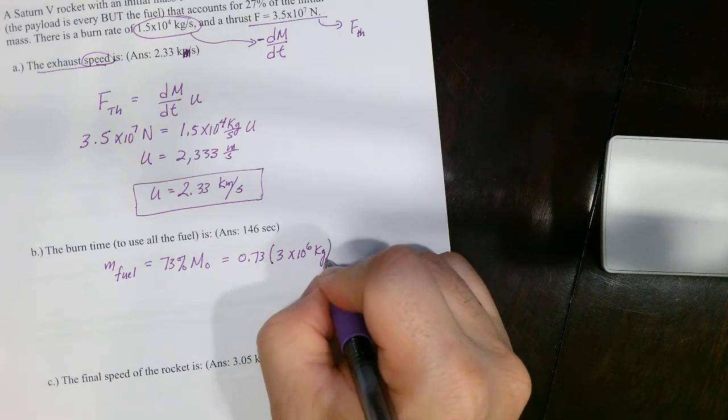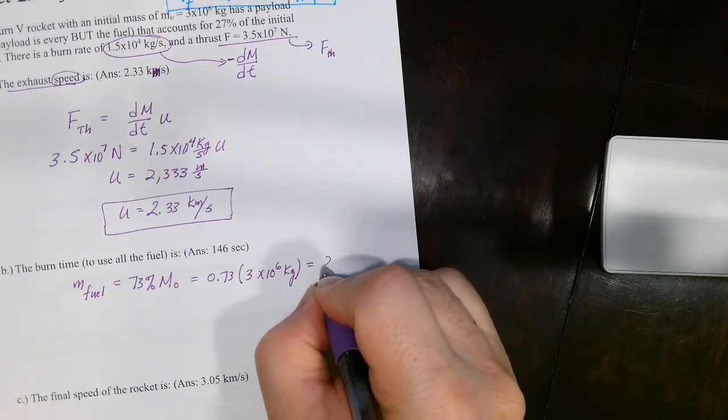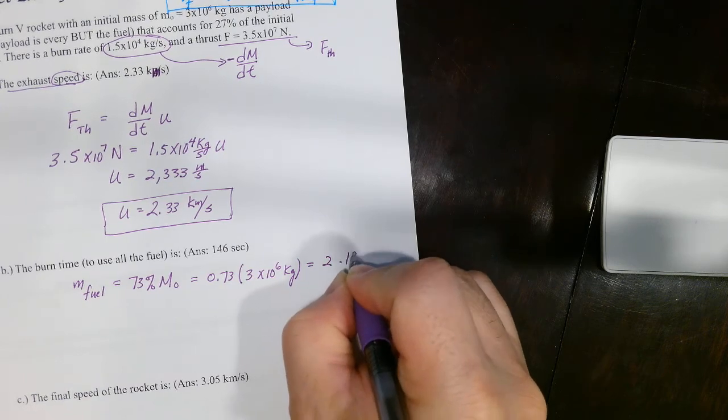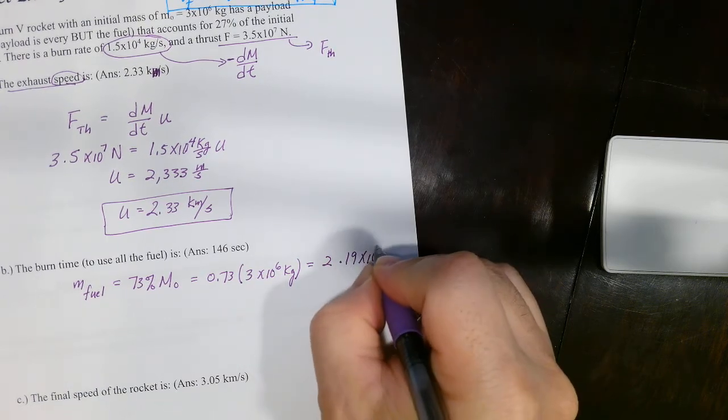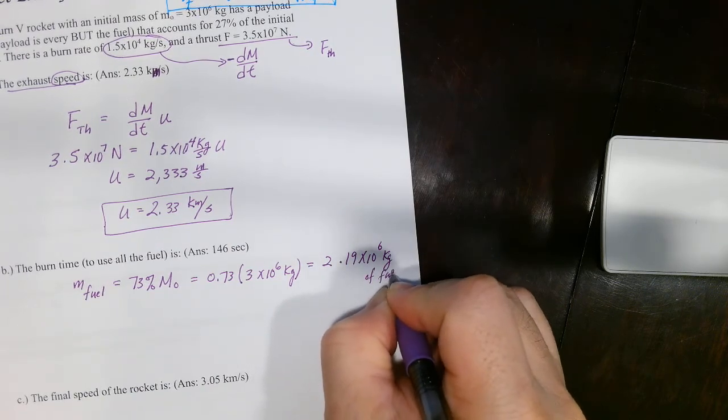And if you do your calculation, it should be 2.19 times 10 to the 6 kilograms of fuel.